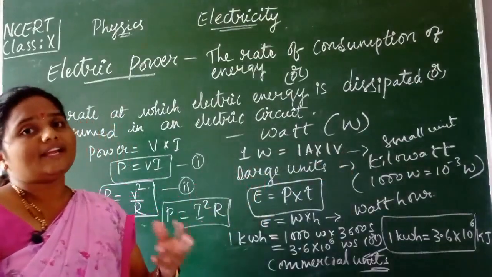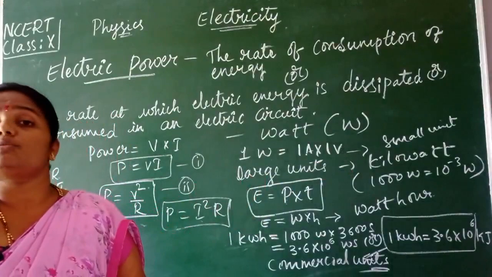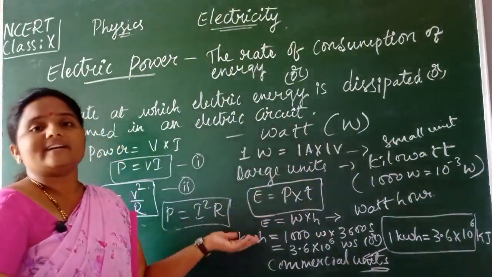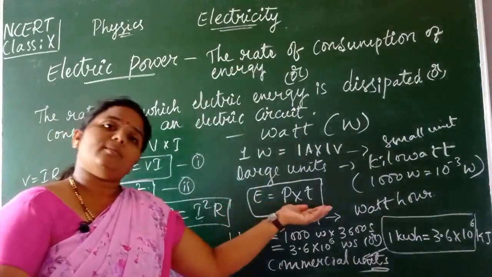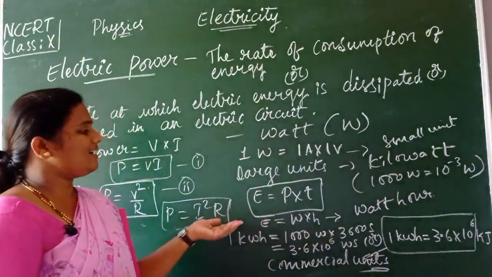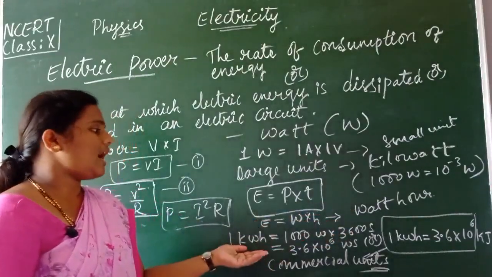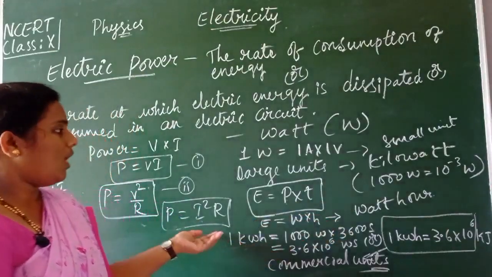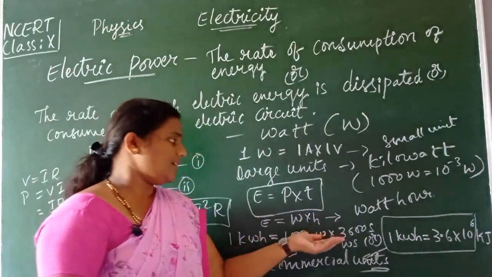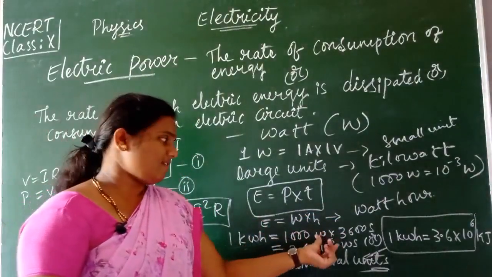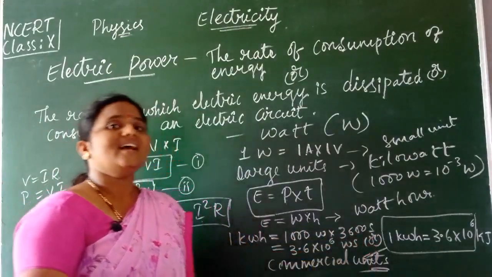and sometimes we will use larger units like kilowatts. Kilowatt is nothing but 10 to the power of 3 watts, children, and we will write the electrical energy as the product of power and time, so we will write the unit as the watt hour, and 1 watt hour is nothing but what? That is, in terms of kilowatts, we will write it as 1000 watts into 3600 seconds.